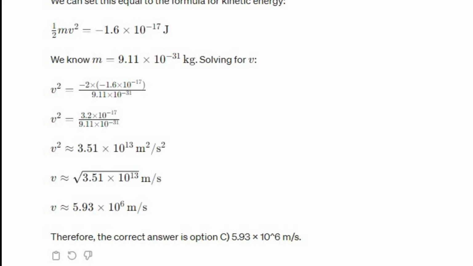Therefore, the correct answer is option C, 5.93 multiplied by 10 raised to power minus 6 meter per second.